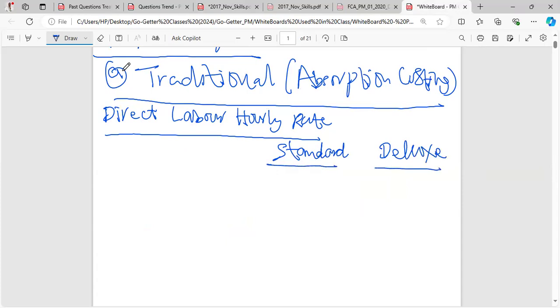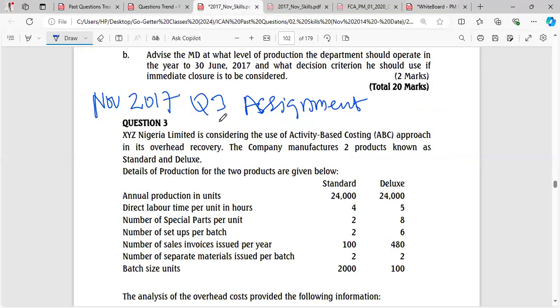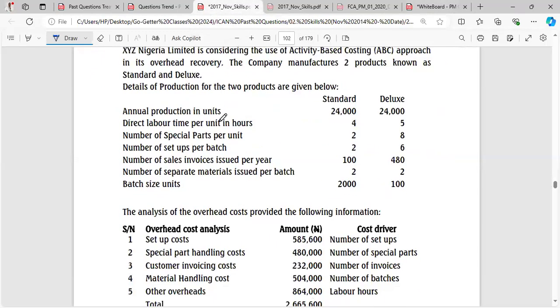Now, how do we get the direct labor hourly rates? The first thing to do here is to get the total hours used for each of these products.